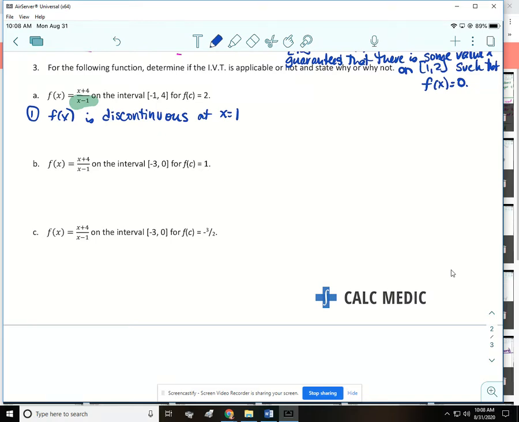And x equals 1 falls in that interval, which is on the interval from negative 1 to 4. Therefore, the intermediate value theorem is not applicable.